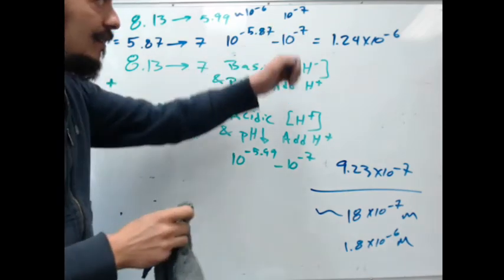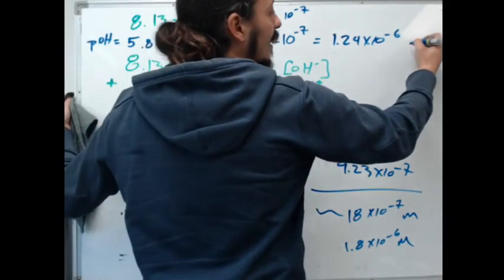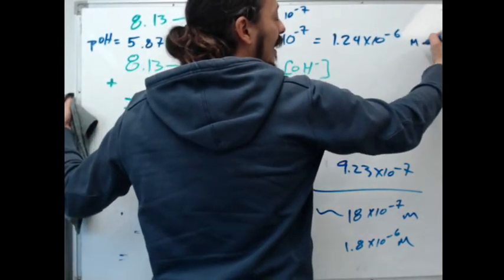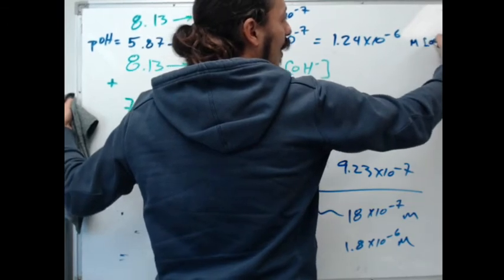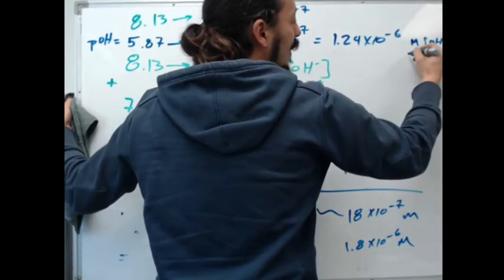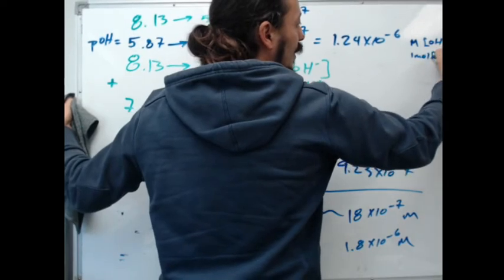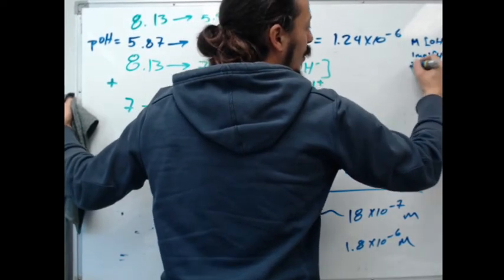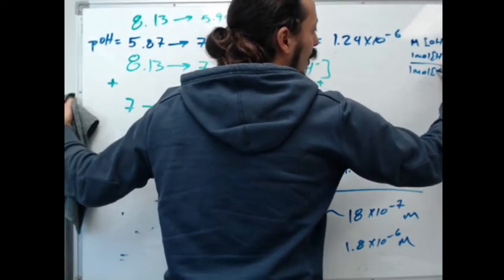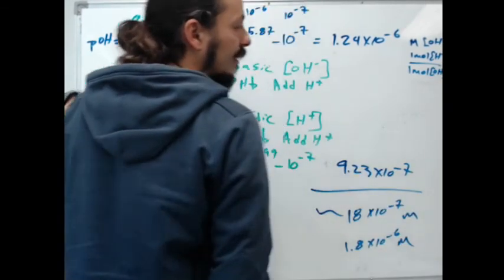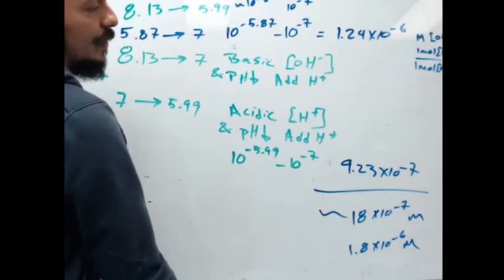Then what do you do? And then, keep in mind, this is molarity of OH minus, but we've got 1 mole H plus for 1 mole OH minus. So we've got a 1-to-1 ratio there.